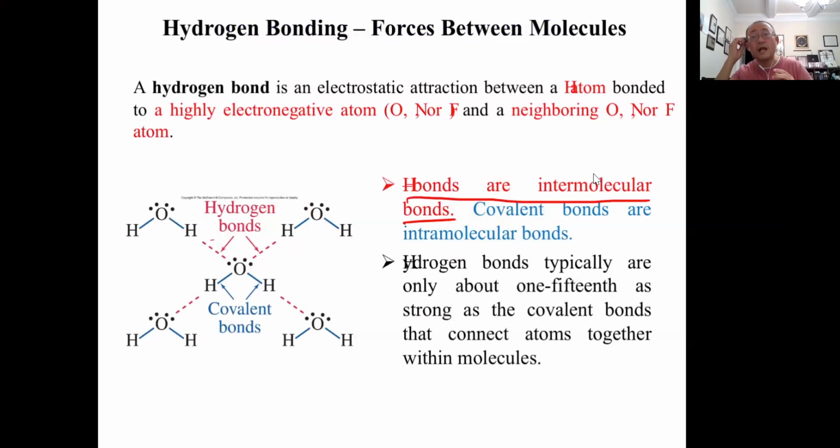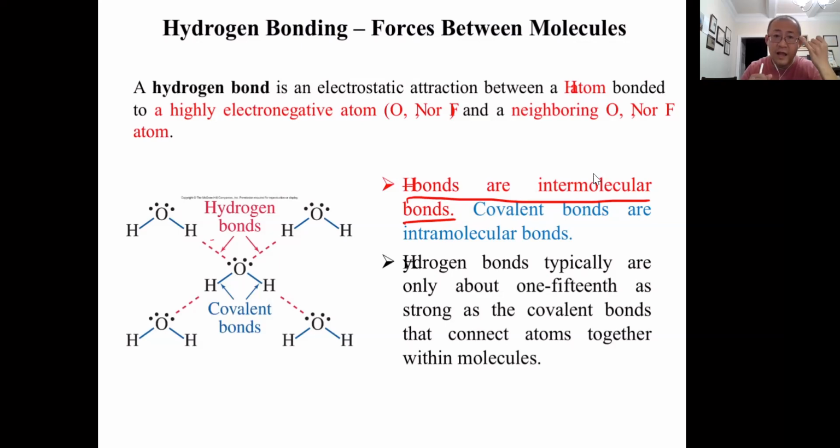Now, hydrogen bonding is not universal. It has to satisfy two conditions. For hydrogen bonding, you need to have hydrogen, a small atom, and the hydrogen must be bonded to a highly electronegative atom, such as oxygen, nitrogen, or fluorine. In water, of course, it's oxygen. You have to satisfy both conditions, then you can expect hydrogen bonding.